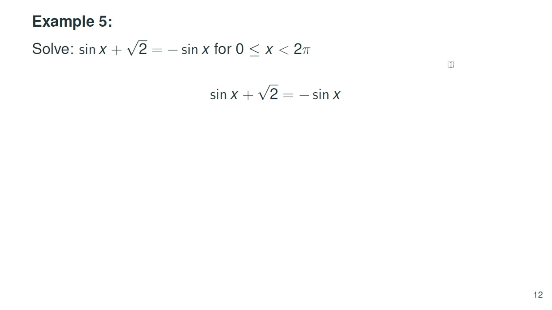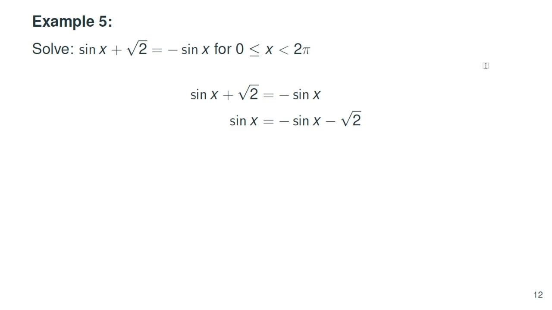So let's look at the equation. Sine x plus square root 2 equals negative sine x. Here we're going to isolate the trig expression on one side of the equation, everything else on the other side. So I'm going to first subtract the square root of 2 from both sides. Then I get sine x equals negative sine x minus square root of 2.